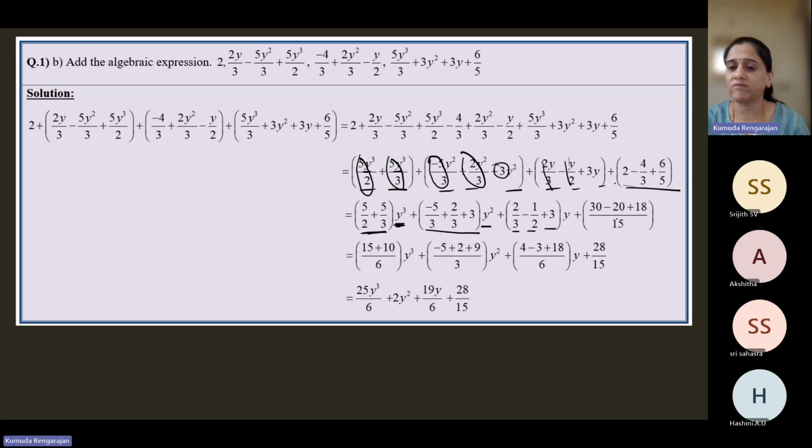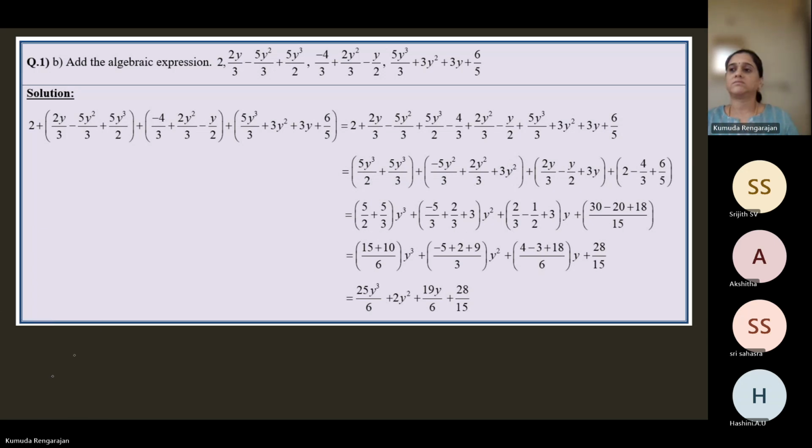And here we only have constants. Completed, all of you? Online children. So after that it's just LCM, so I'm not going ahead. Six by 3.